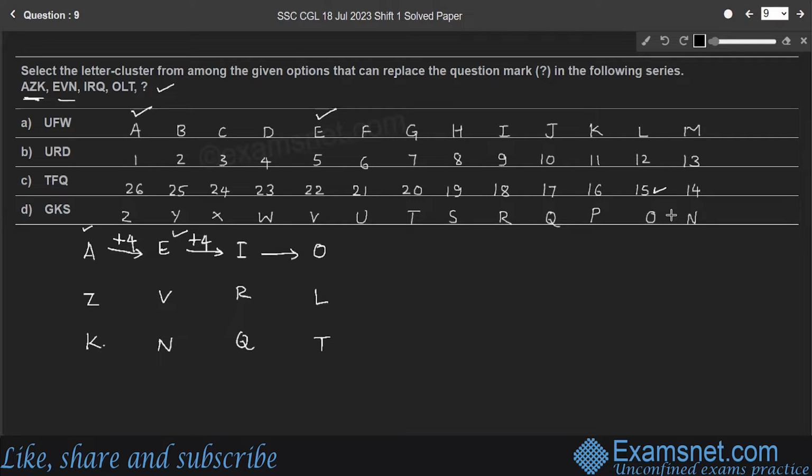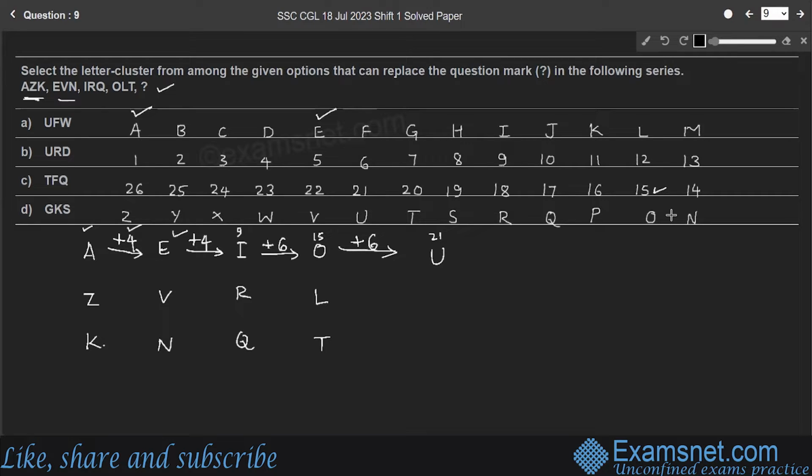And O is 15, I is 9, so I plus 6 gives O. To get the first letter of the fifth cluster, we need to add the same number, 6, to O. 15 plus 6 gives 21, which is U, right?